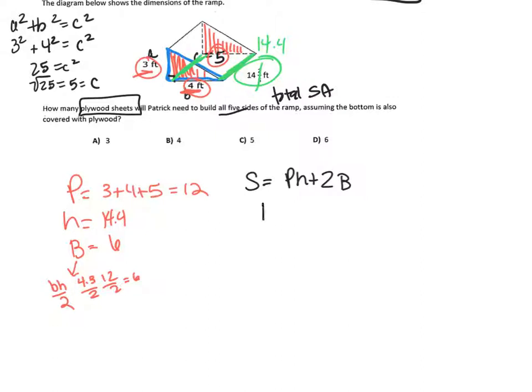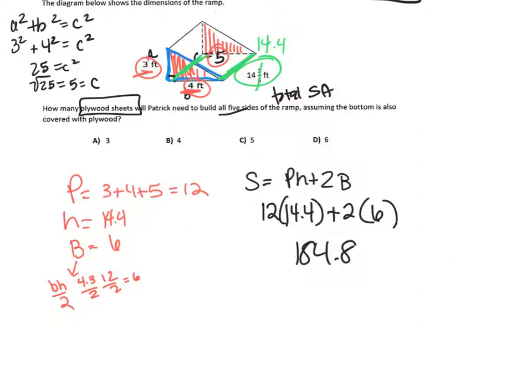So we've got the perimeter, which is 12, times the height, 14.4, plus 2 times the area of the base. So 12 times 14.4, remember to use parentheses, plus 2 times 6, and I get 184.8.